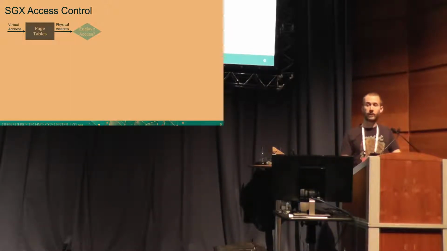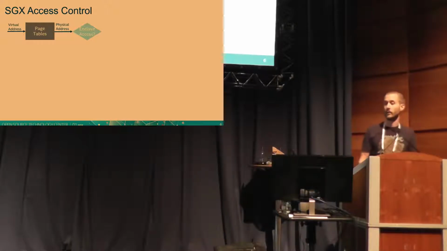Rather, an enclave access is something that falls into the virtual range of that enclave. So when you create an enclave, part of the information that's provided to the processor is a base and size of that enclave.